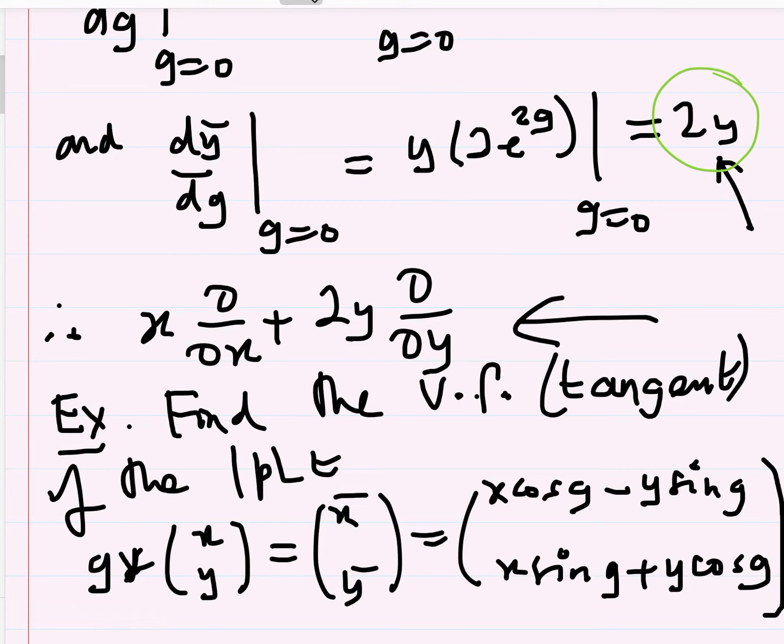You do exactly what we did before. So this is essentially how we write every one parameter Lie group of transformations' tangent vectors in vector field form.